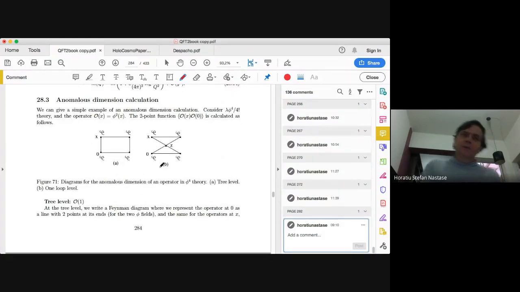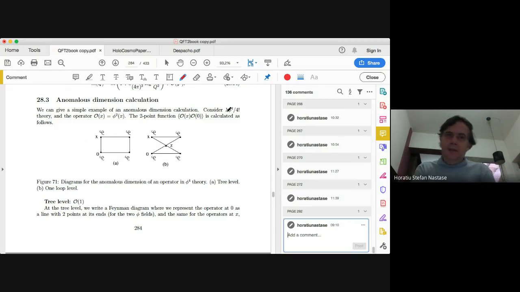All right, so let's understand what it means to calculate the anomalous dimension of an operator. Maybe this seems a little confusing. It's certainly something new, so let's give a simple example.